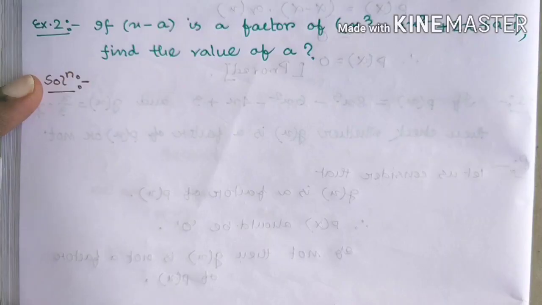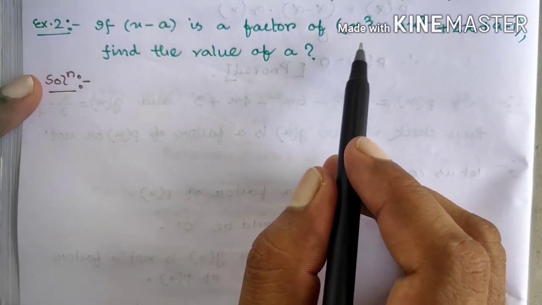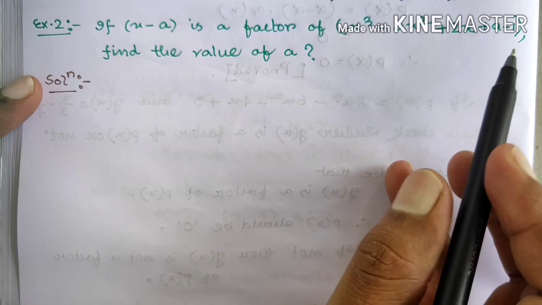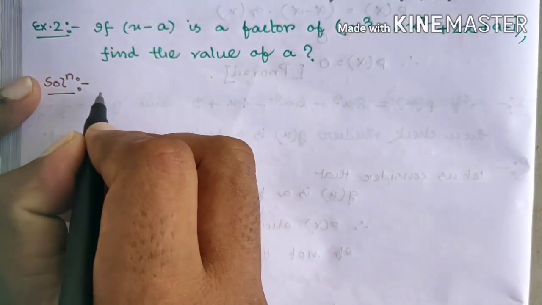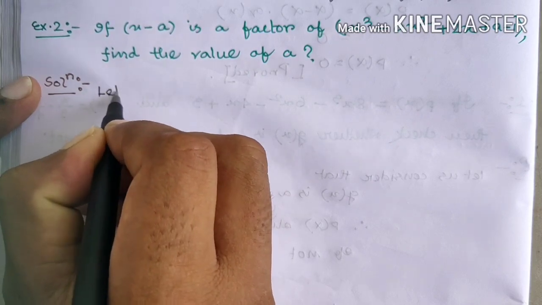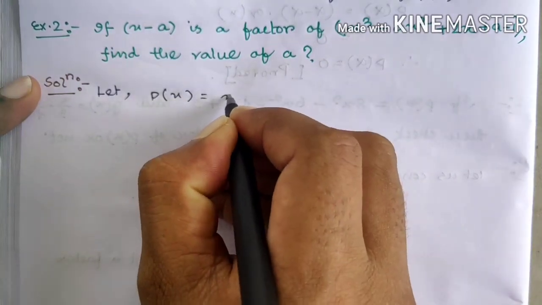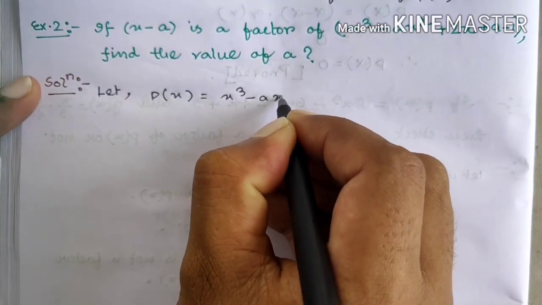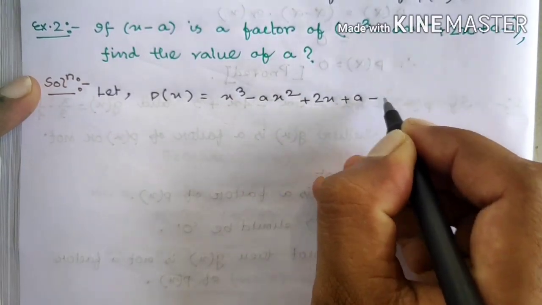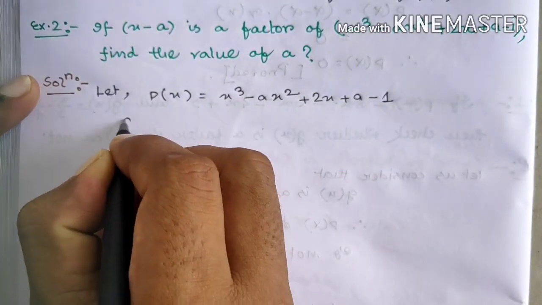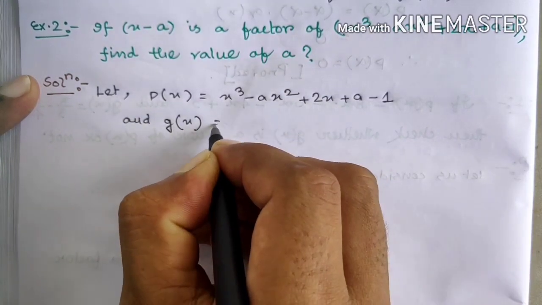Next problem. If x minus a is a factor of x cube minus ax square plus 2x plus a minus 1, then find the value of a. Let p of x equal to x cube minus ax square plus 2x plus a minus 1 and g of x equal to x minus a.